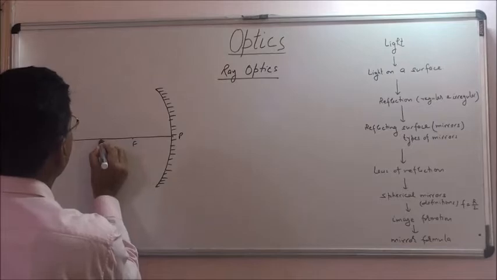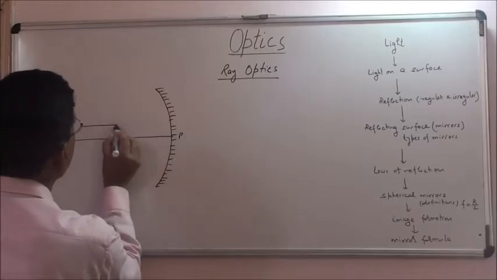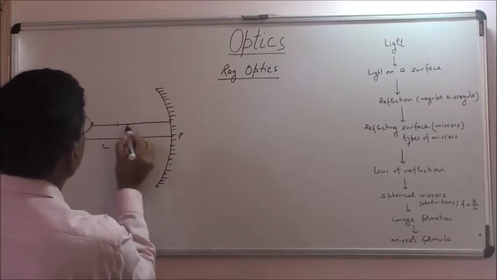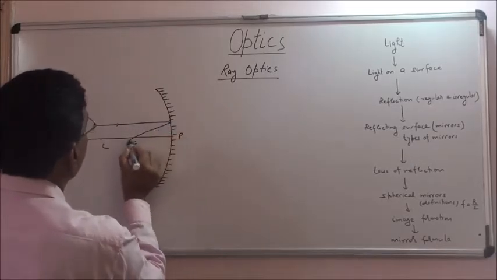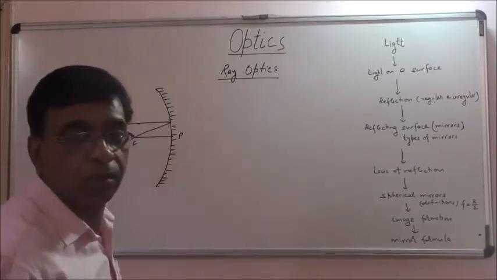This is F, this is C, and I am taking an object here. Parallel will pass through focus.